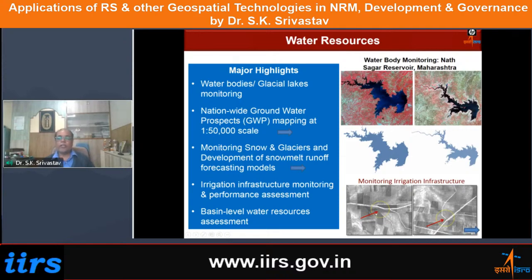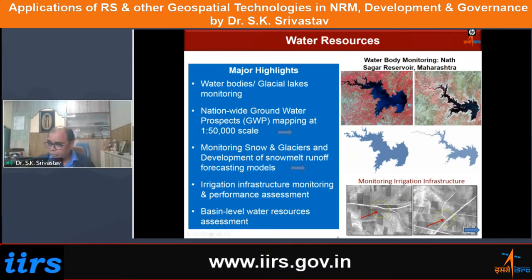Such gaps can be identified even without going to the field, and such information can be extracted and provided to the people working in the field, saying that there is a gap, address this particular thing. So high resolution satellite images have been found to be very effective in monitoring the irrigation infrastructure particularly.